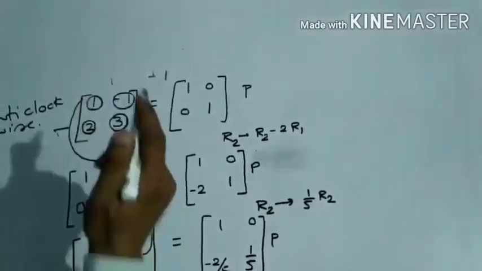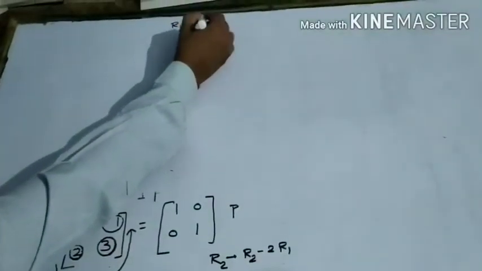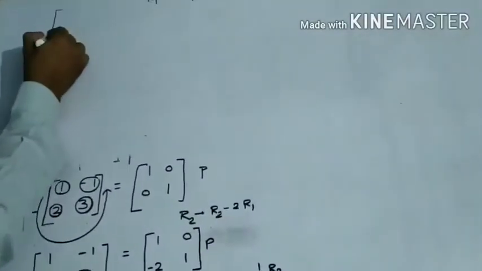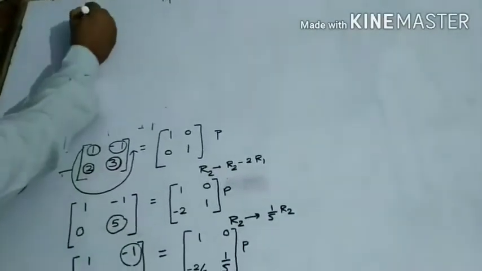So next we want to apply this step. In R1 we want to do R1 plus R2. Then what will we get? Here you have to see 1 plus 0 means this is the 1.